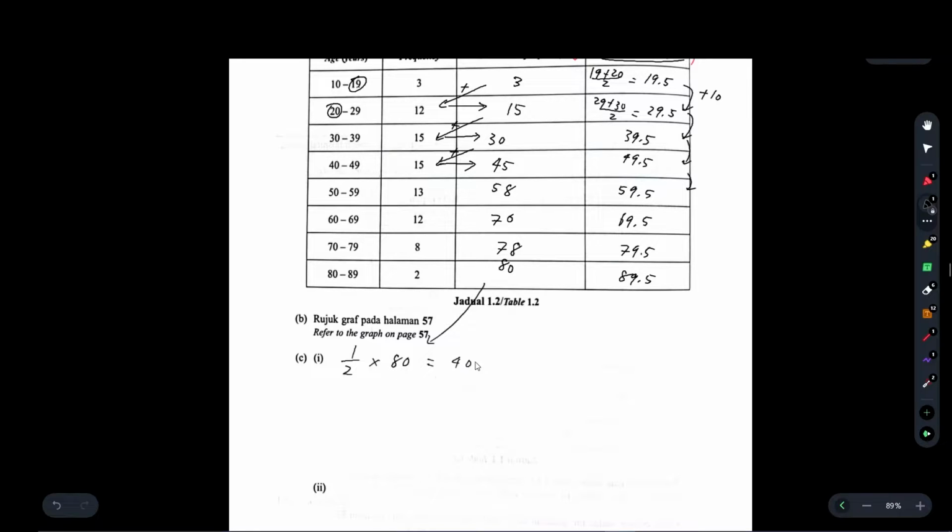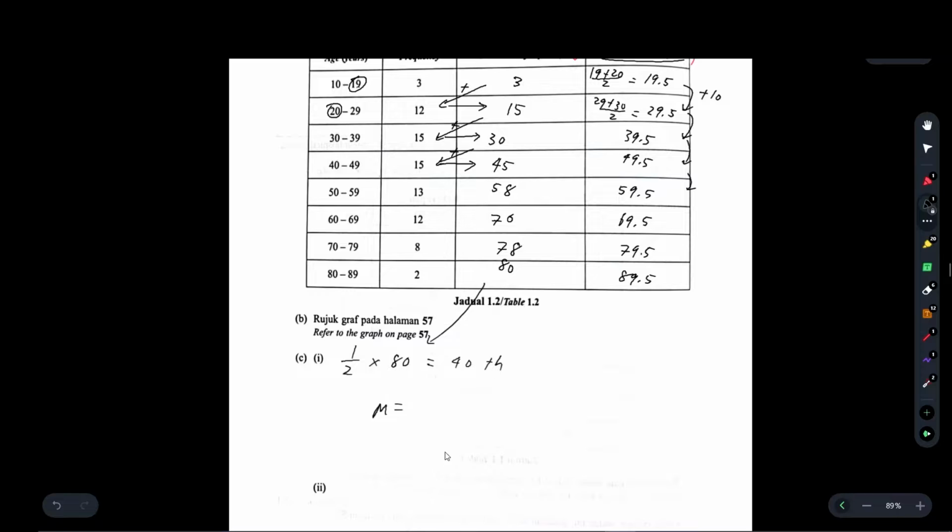The 40 is not the median, it's the position. So we're gonna draw a horizontal line from y equals 40. After it touches the graph, it goes down and we see what is the coordinate of the x. The coordinate of the x will be the median.